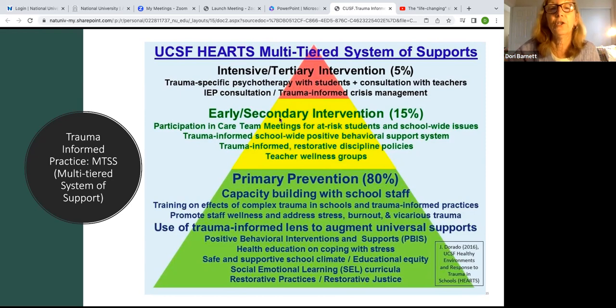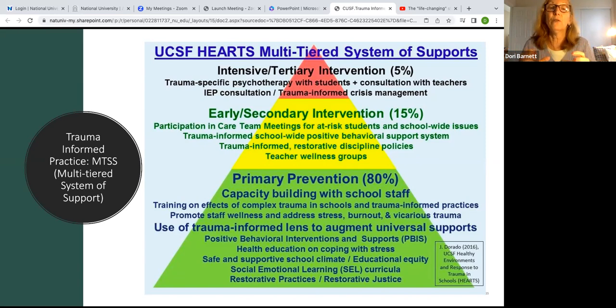Then at tier 2, the targeted level in a trauma-informed school, we have care team meetings, which is another name for a student intervention team, where you ask, is this student's needs being addressed by a team at the school? I would want to raise it up.